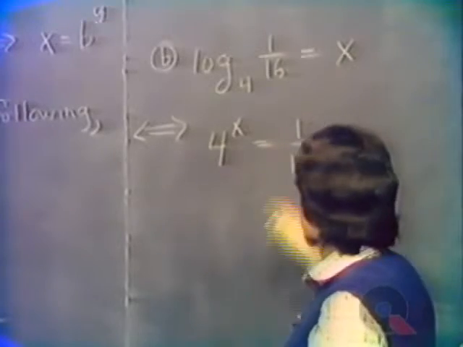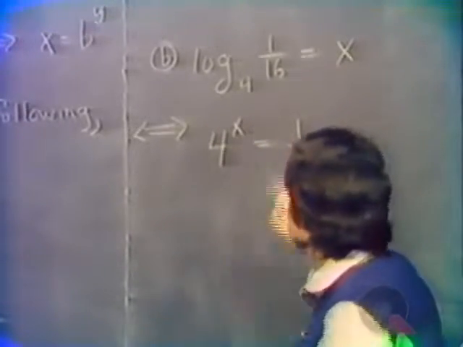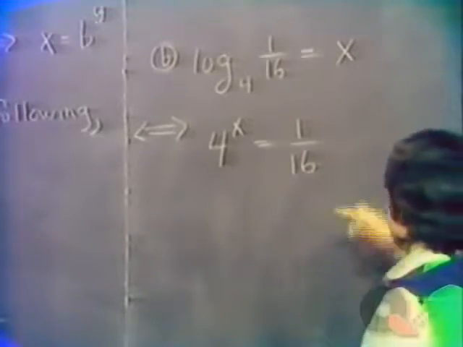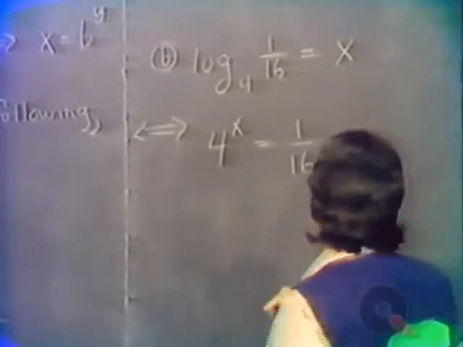Now, to figure this out, since we have a 4 here as a base, we'd like to write 1/16 in terms of a power of 4. And we realize, of course, that 16 is 4 squared.